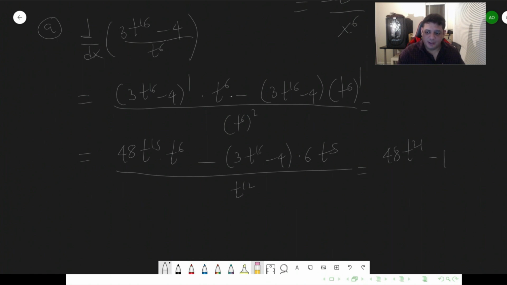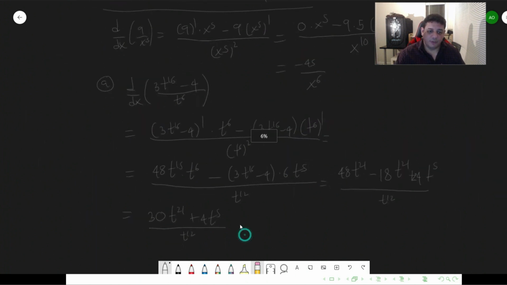So minus 18 t to the 21, 16 and 5. And plus 4 t to the 5, plus 6 by 4, 24. So 24 t to the 5 over t to the 12. And then notice this is the same power, so I can just say, well, this is 30 t to the 21 plus 4 t to the 5 over t to the 12. And that's it. This is using quotient rule.